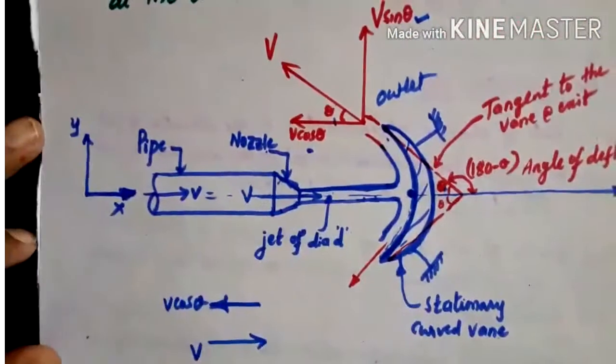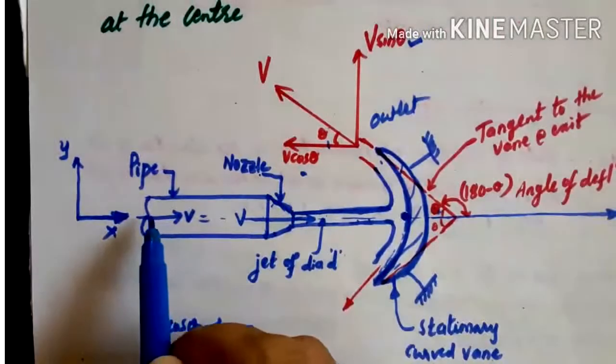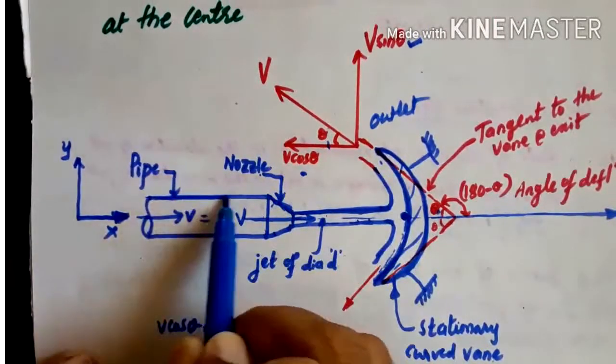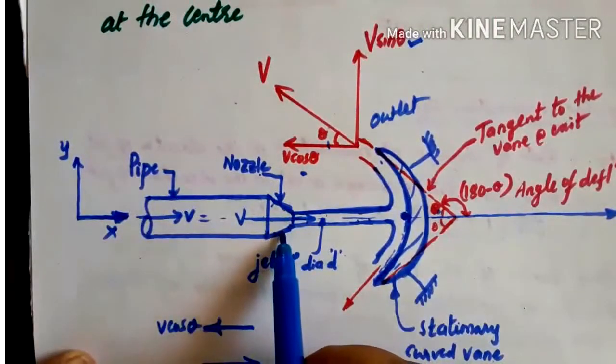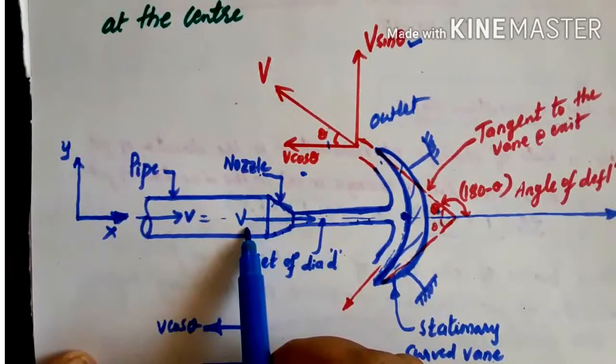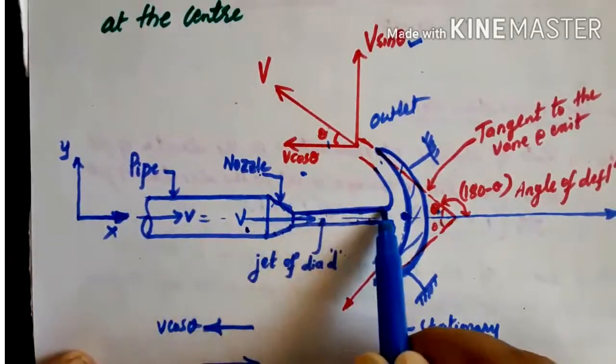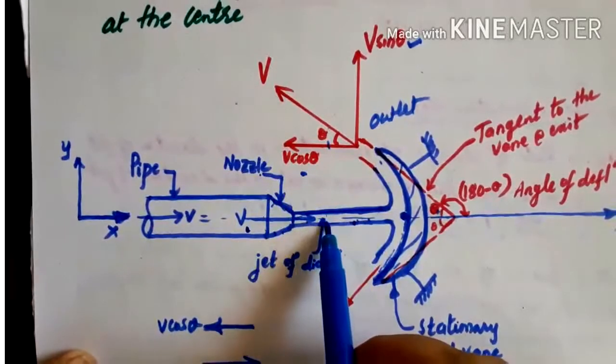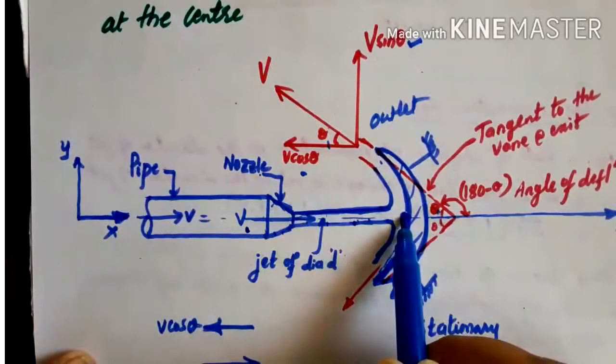Here the water is coming out of the nozzle with a velocity v, and this jet has a diameter d, and it is striking the vein at the center.